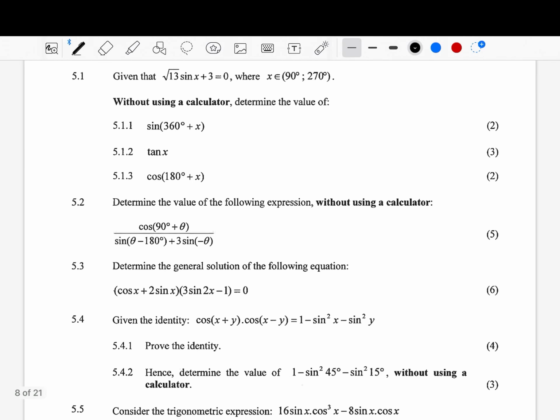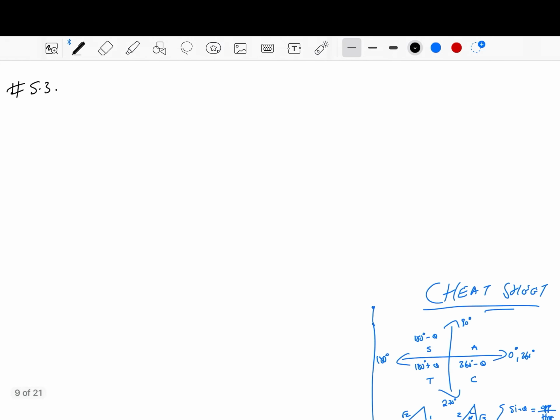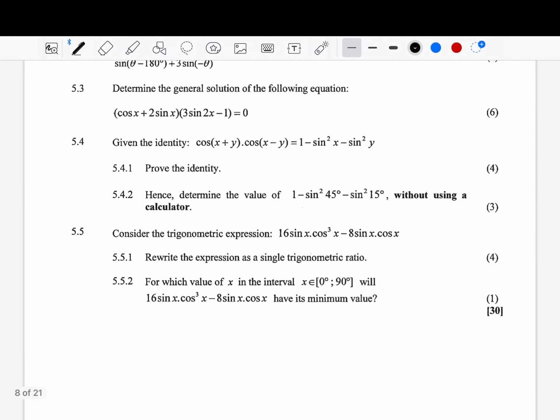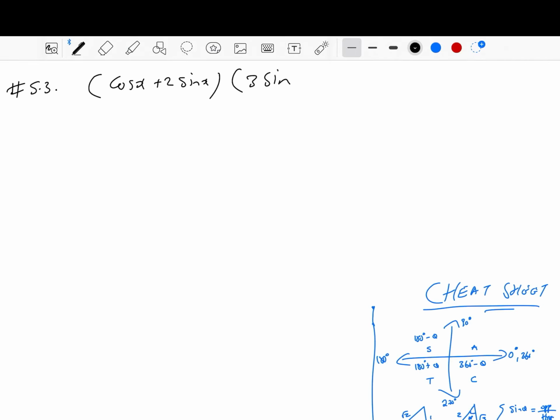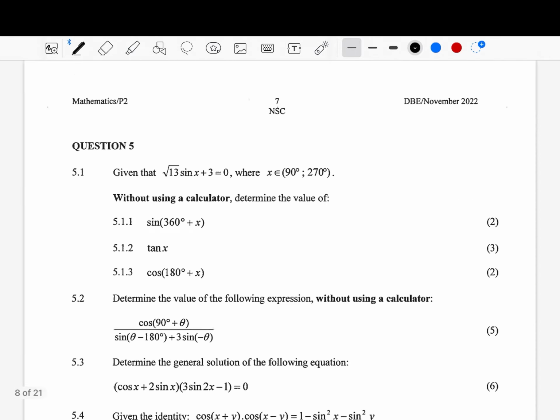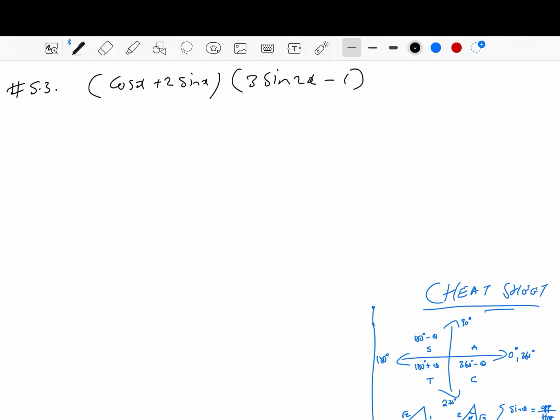So let's go. Cos x plus 2 sine x, times 3 sine 2x minus 1, is equal to 0. So what you need to remember here is, this times this equals 0.